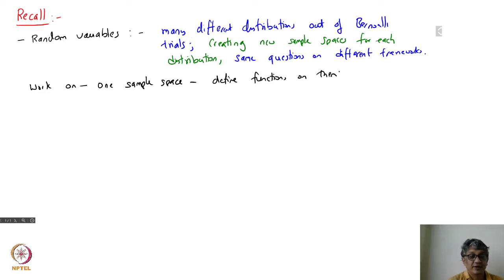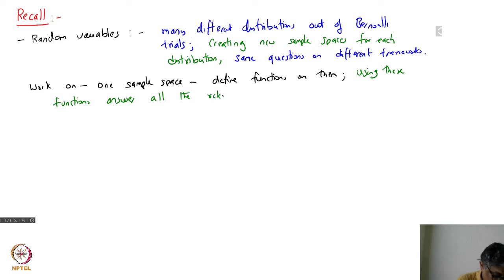And then using these functions, answer all the questions, all the relevant questions. That's where we were. That's how we motivated the need for random variables. That's how we started random variables.